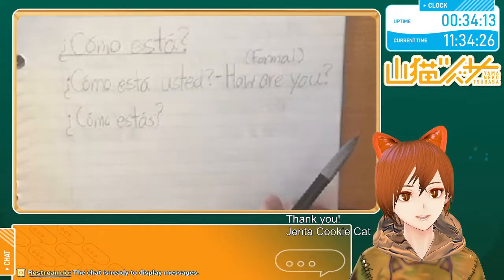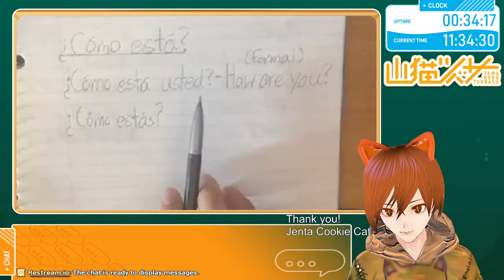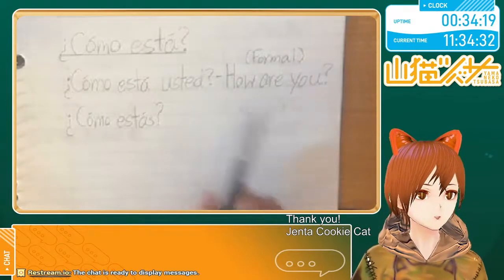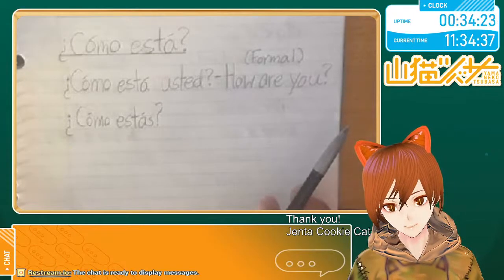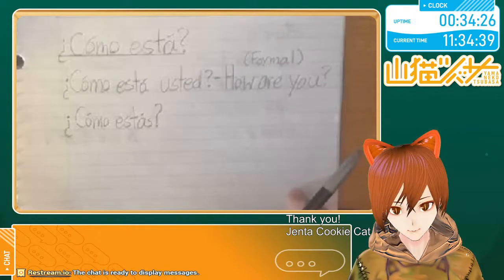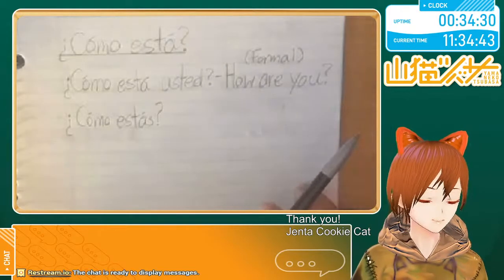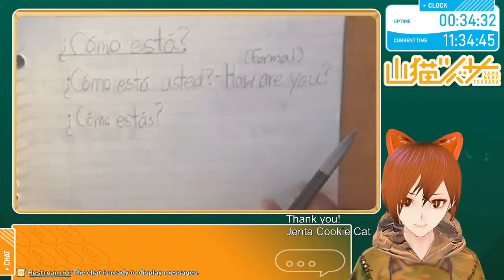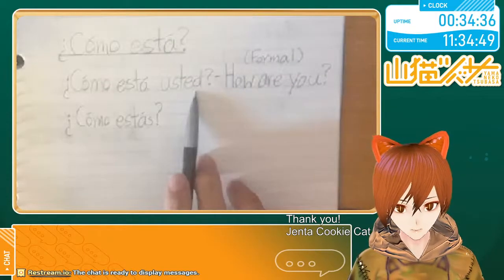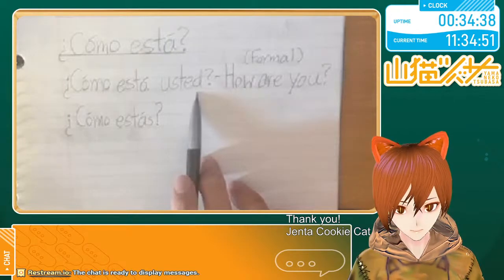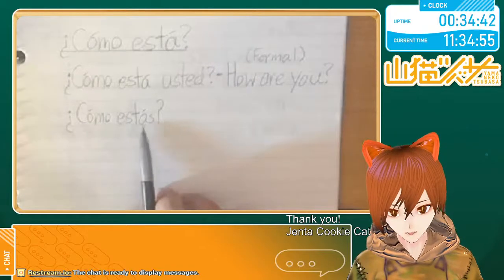Él, ella are your familiar, informal, casual way of saying he, she. It's used in a normal context. When referenced directly to a person, you can say formal you or more familiar you.